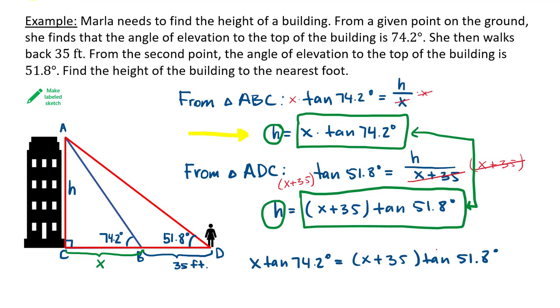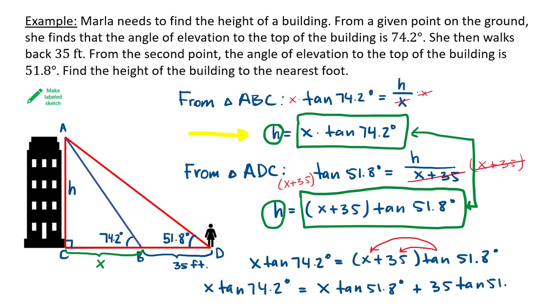First, we're going to distribute tangent of 51.8. So we'll get x tangent 74.2 equals x tangent of 51.8 plus 35 tangent of 51.8 degrees.